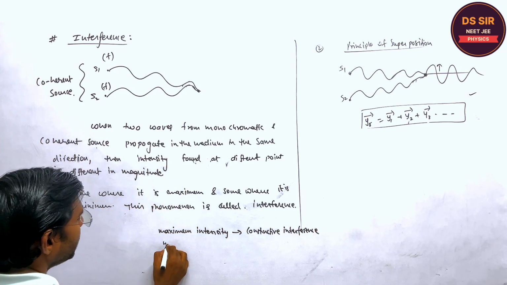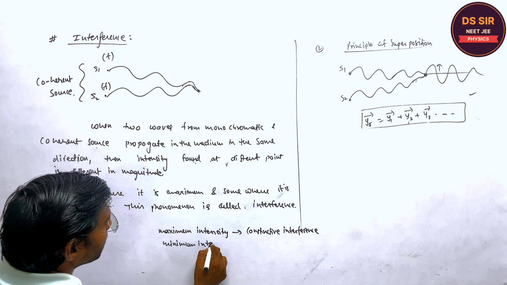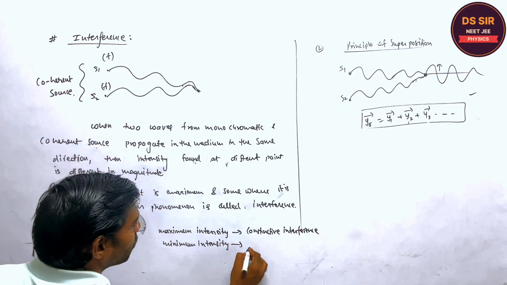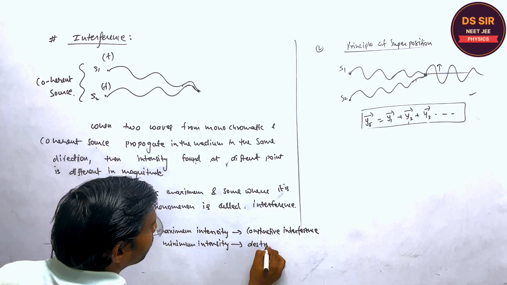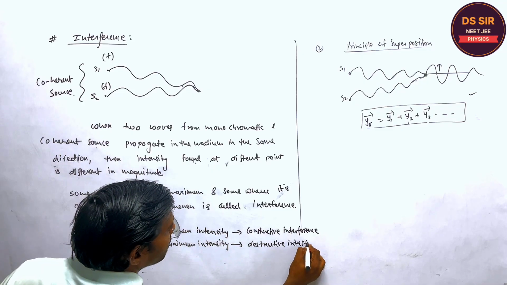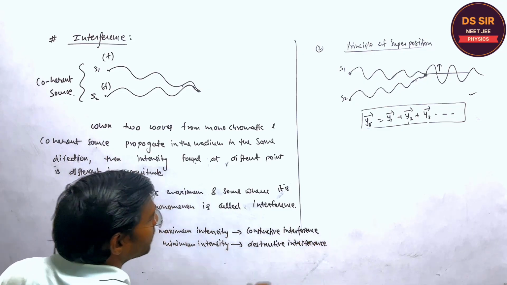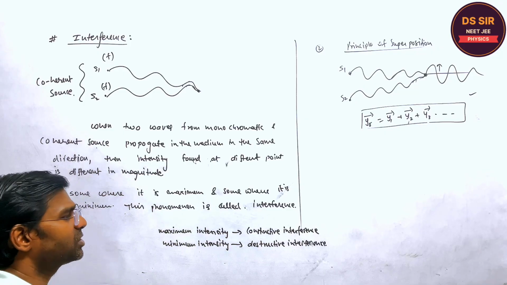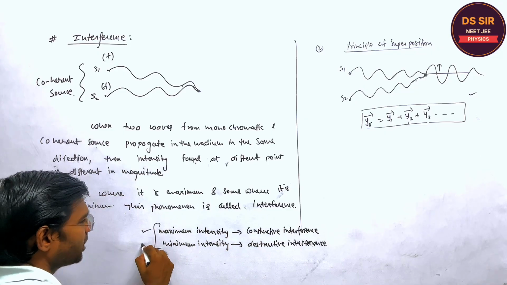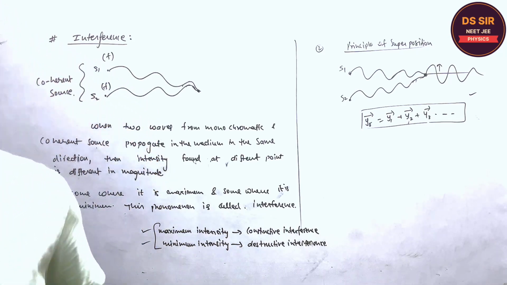Where the minimum intensity is found, that type of interference is called destructive interference. So we have two types of interference, constructive and destructive. Maximum intensity, constructive interference; minimum intensity, destructive interference.